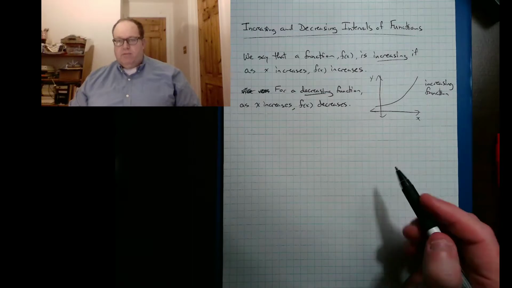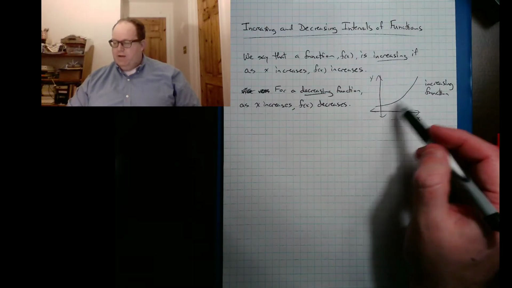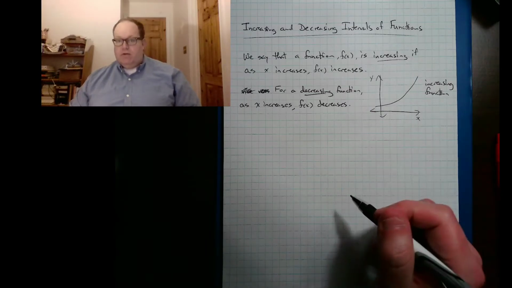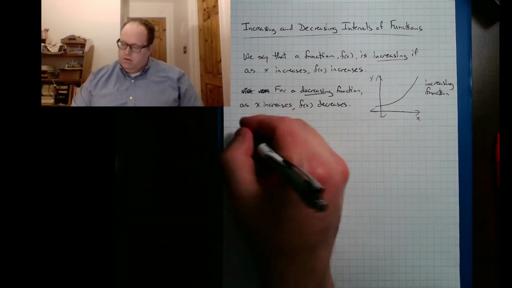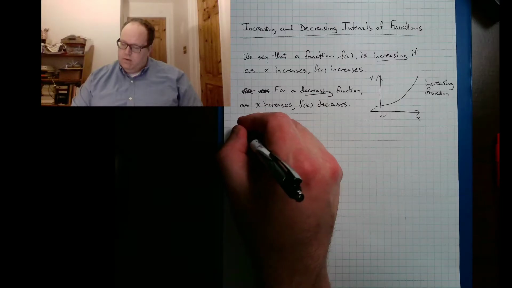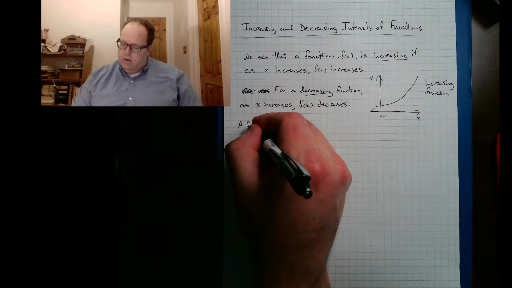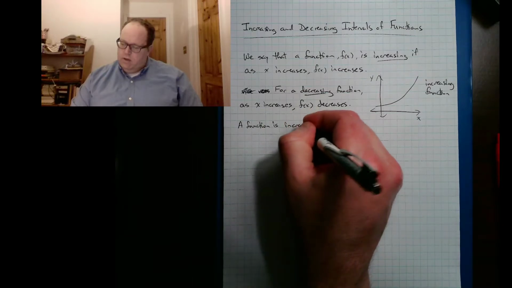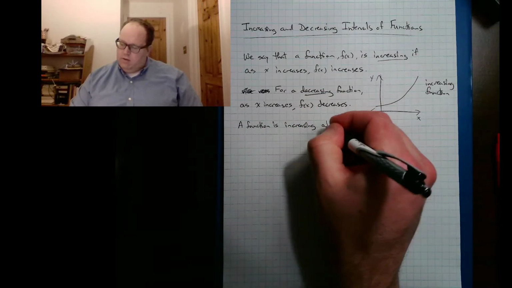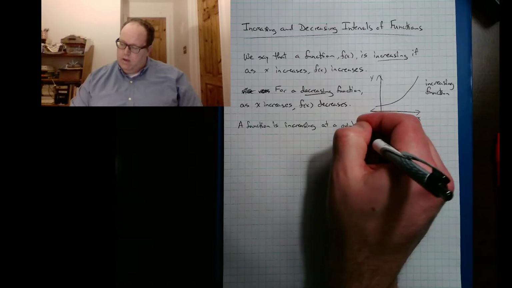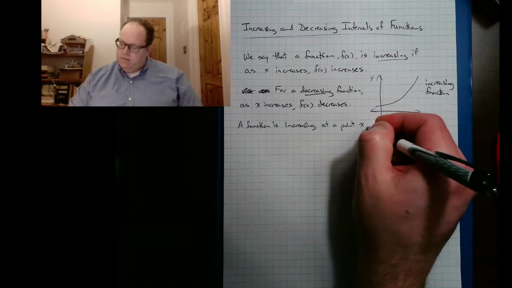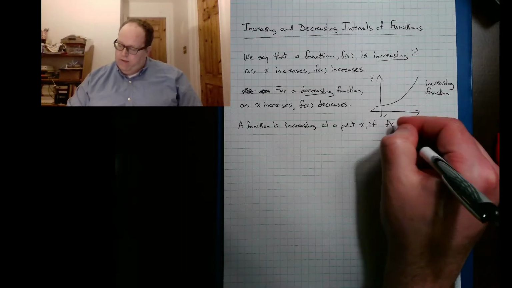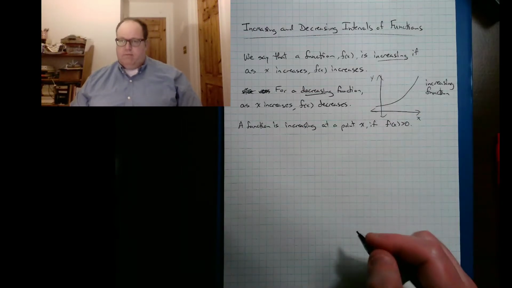But this all ties back to slope. If I look at this line, everywhere along it the slope is a positive value, which is indicative of an increasing function. So a function is increasing at a point x if f prime of x is positive.